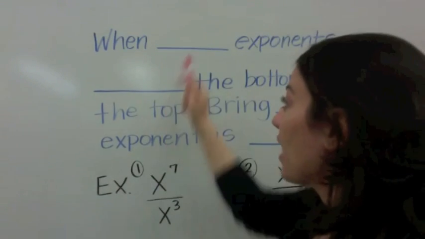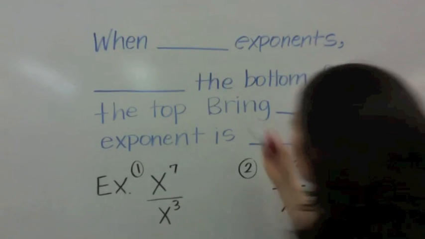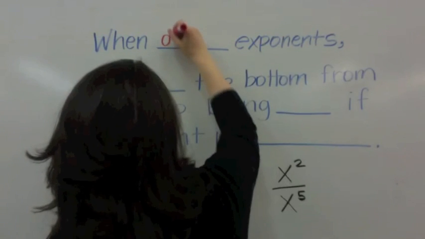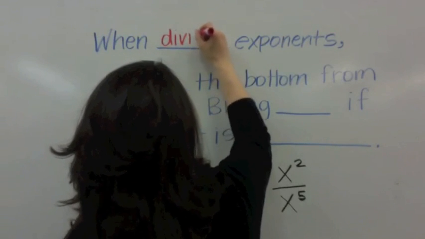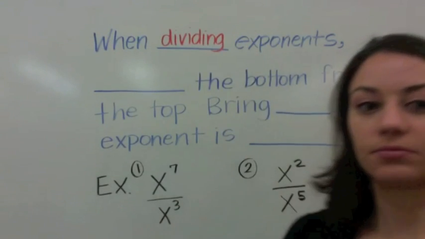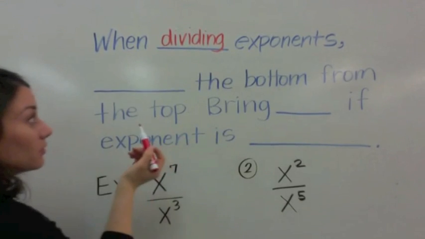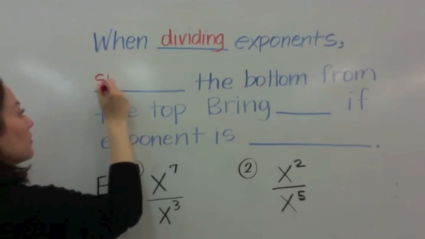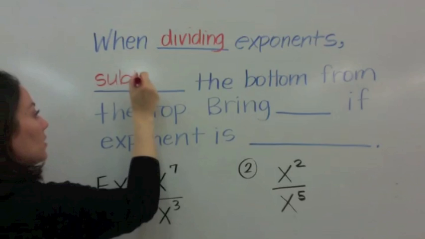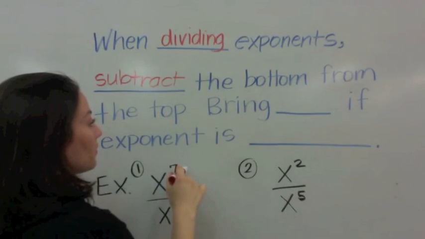So we're going to go ahead and fill in the blanks together. Read it with me. It says when, we're going to write the word dividing. When dividing exponents, what do you do? Subtract. Subtract the bottom from the top.